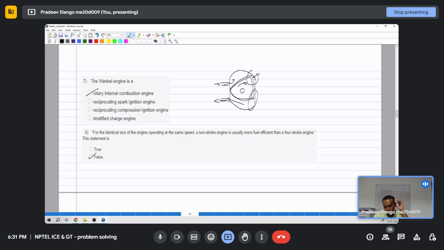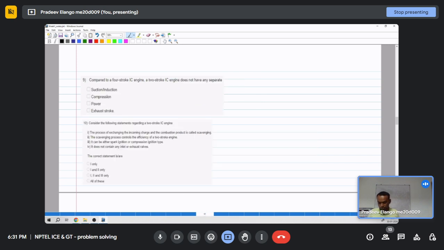But when compared to the power output, two-stroke will give twice the power of a four-stroke engine for the same engine speed. So that is what we saw earlier. Compared to a four-stroke IC engine, two-stroke IC engine does not have any separate suction, induction, compression, power, exhaust stroke.